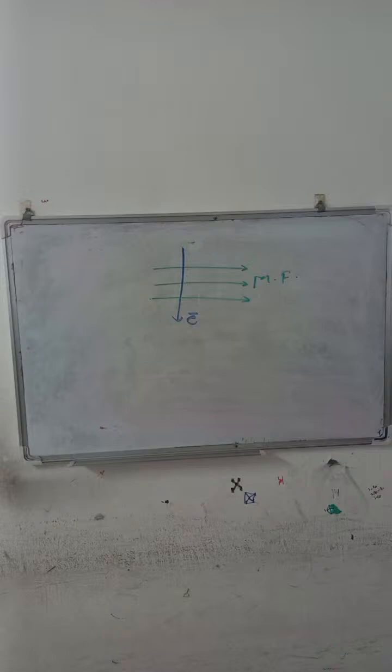Okay, now check how you can find out. Just think, they are asking here the direction, correct? They are asking the force, which means we have to use Fleming's left hand rule.